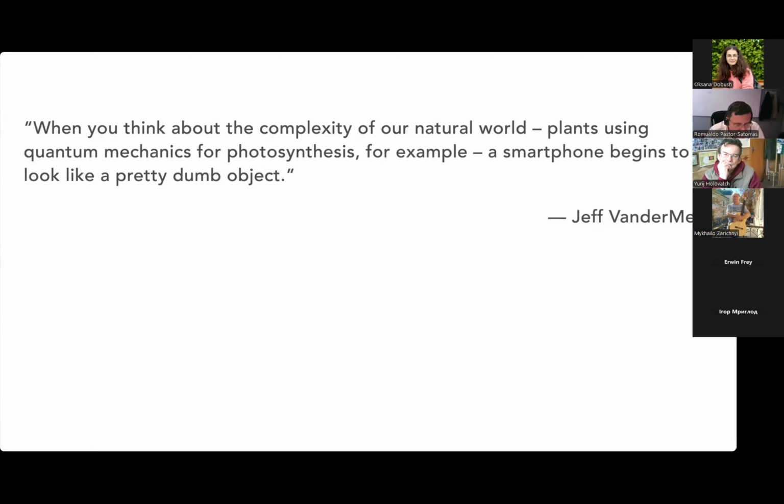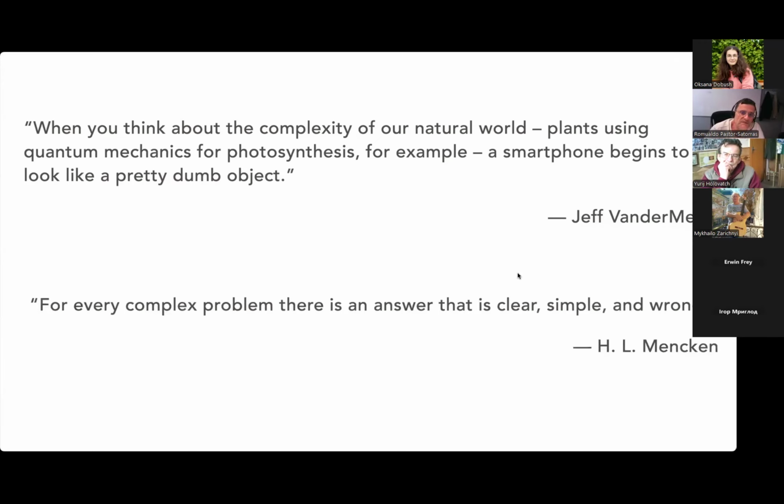So this is a much simpler, specific aspect of nature, just moving animals, and we try to apply these tools. But even if it's simpler, we must be careful how we apply these tools. There is also this quote that is relevant: for every complex problem, there is an answer that is clear, simple, and wrong. So we must be careful when we apply our tools and make sure that we are not doing wrong things.